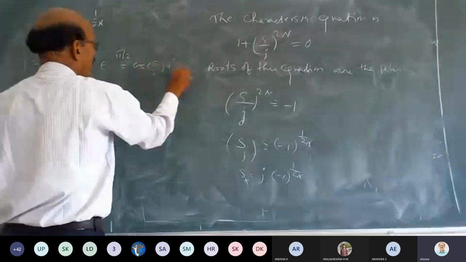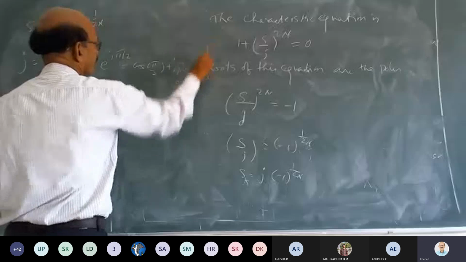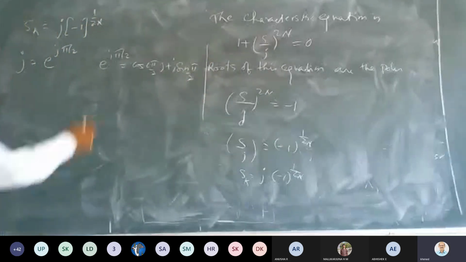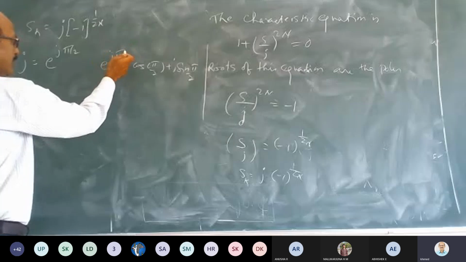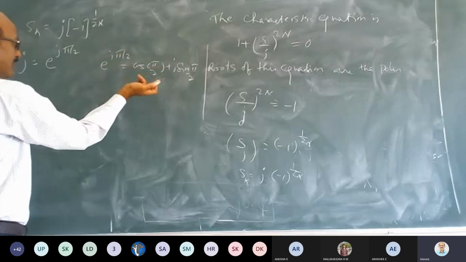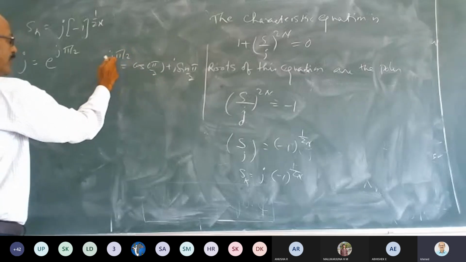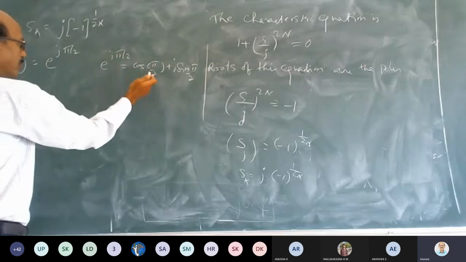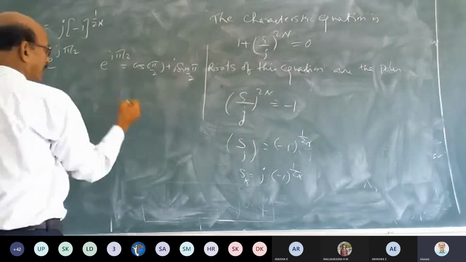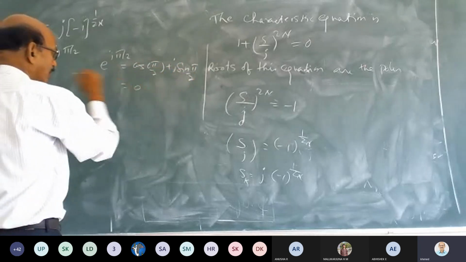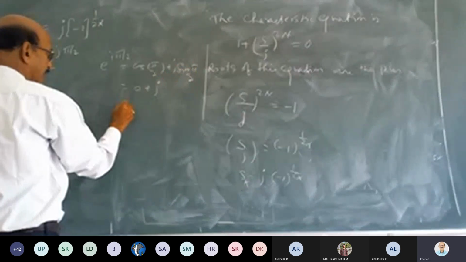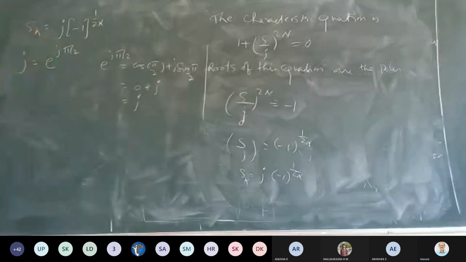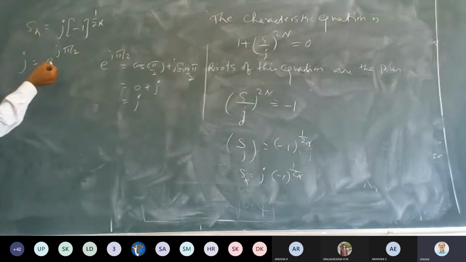E power j theta is cos theta plus j sin theta, so e power j pi by 2 is cos pi by 2 plus j sin pi by 2. Cos pi by 2 is 0, sin pi by 2 is 1, so it becomes simply j. Therefore, j can also be written as e to the power of j pi by 2.